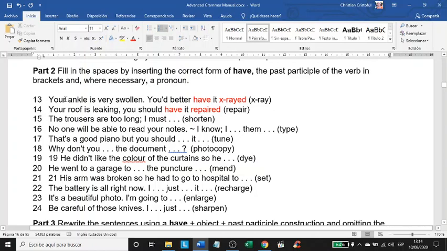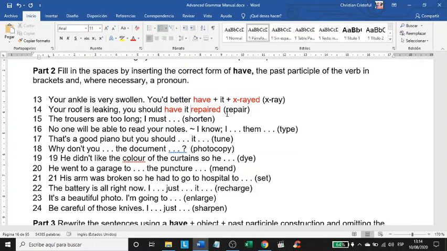For example, your ankle is very swollen. You'd better have it x-rayed. Notice that the formula continues. Have plus the object plus the past participle form. You'd better have it x-rayed.